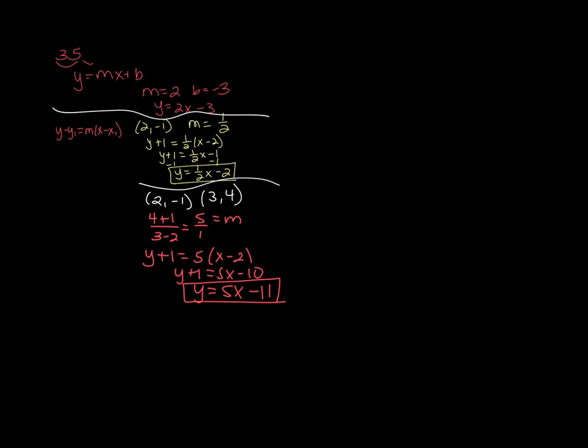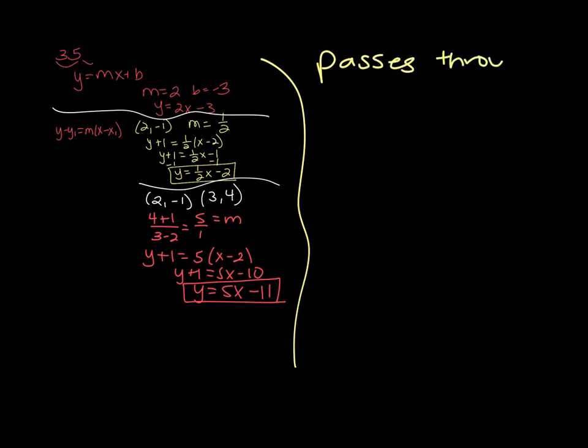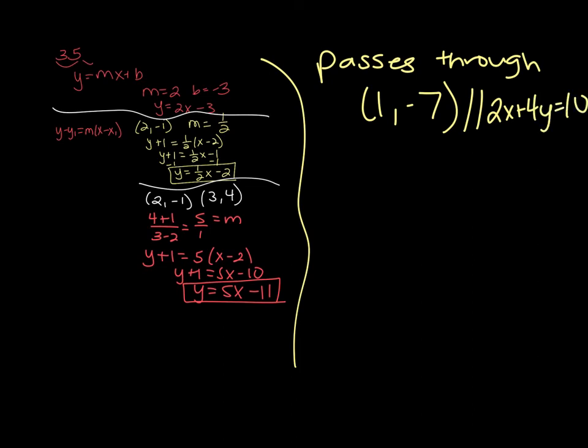Okay, then I gave you a line that passes through (1, -7) and is parallel to 2x plus 4y equals 10. How do I do that? You would solve for the y, and so you can get the slope.